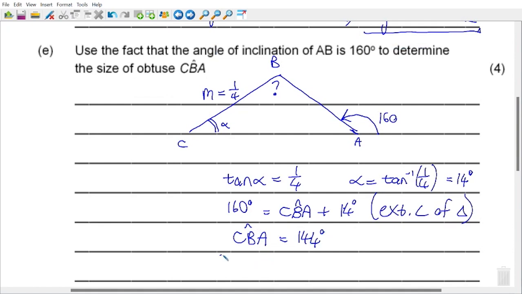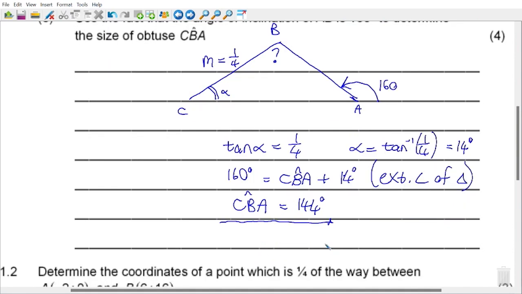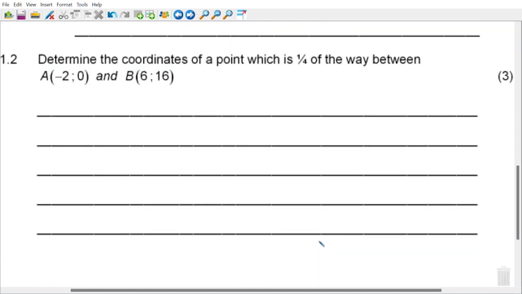Okay, the next question asks for a point which is 1/4 of the way between 2 points. One of the things you could do, if you knew point A and you knew point B, is find the midpoint using your midpoint formula, and then find the midpoint from here to here, and that would give us a distance 1/4 of the way. However, I want to show you a little method which will work for any fraction down a line.